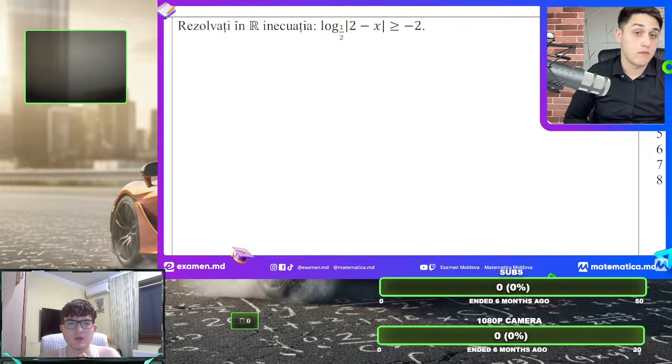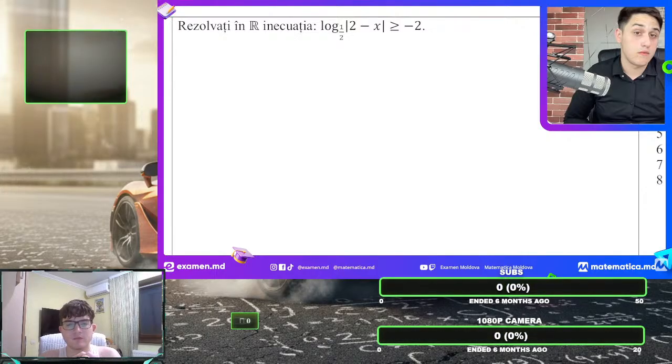So as far as I know, we need to get the same base and stuff, the domain of validity and all the stuff. So log base 1 divided by 2 of the modulus of 2 minus x.